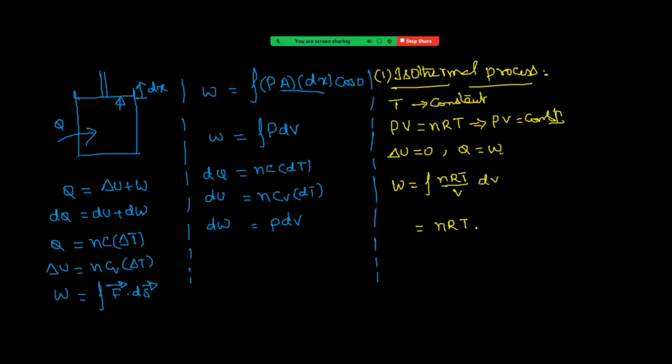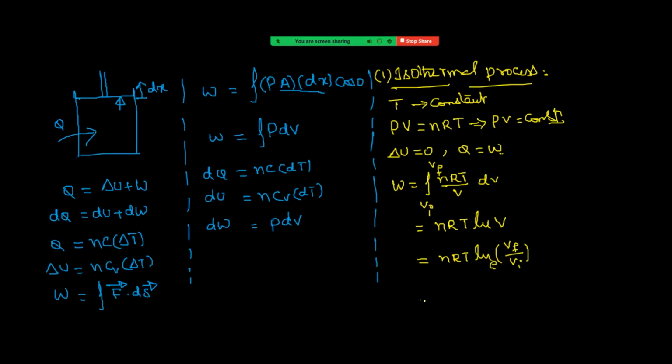Remaining is integral dV by V, that is ln V. Now take limits, V initial and V final. So that is equal to nRT ln V final by V initial, and this is to the base e.